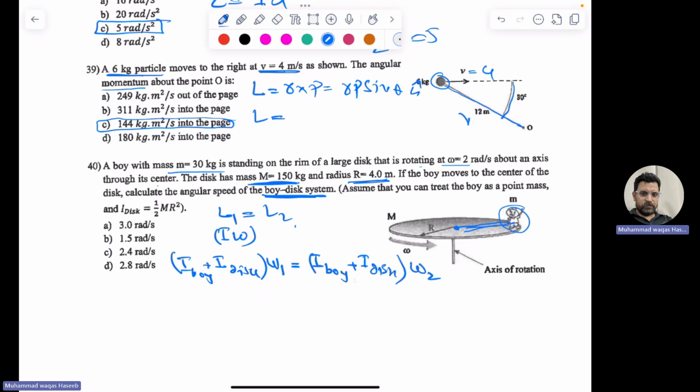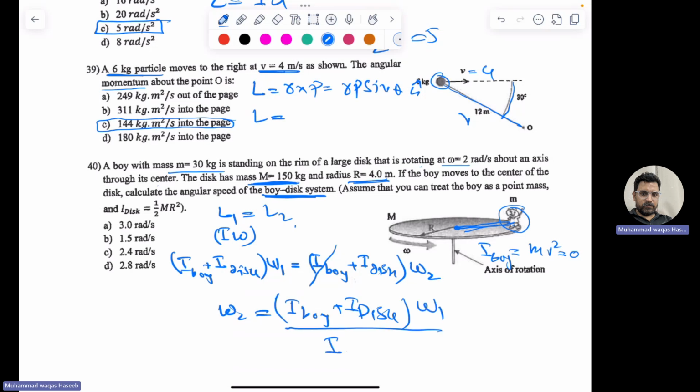So the boy moves from here to here. Its radius goes to 0. When the radius of the boy goes to 0, its moment of inertia goes to 0. So this goes to 0. So we need to find I boy plus I disk times omega 1, divided by this.